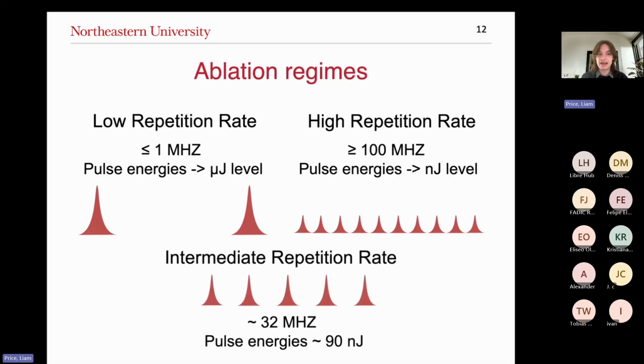So instead, we're looking at how we can perform this ablation in an intermediate regime, where we hopefully can take advantage of higher pulse energies than you might see in the high repetition rate regime, but with a much higher repetition rate than in the low rate regime, and meld the two to generate something that's the best of both worlds.